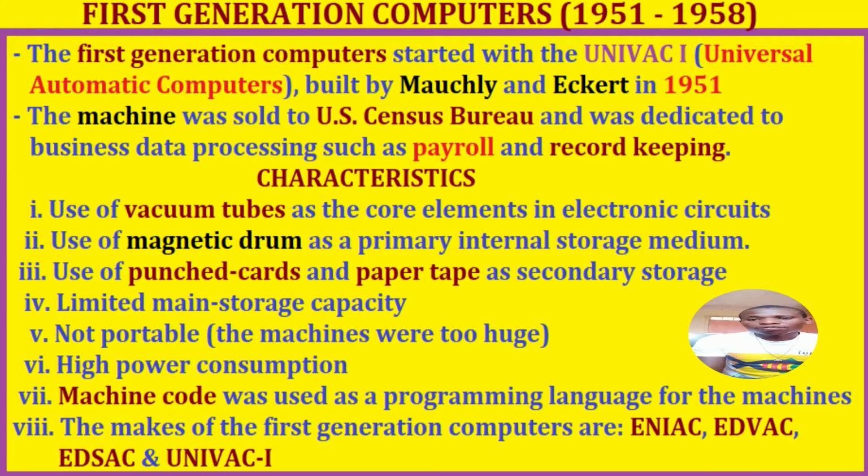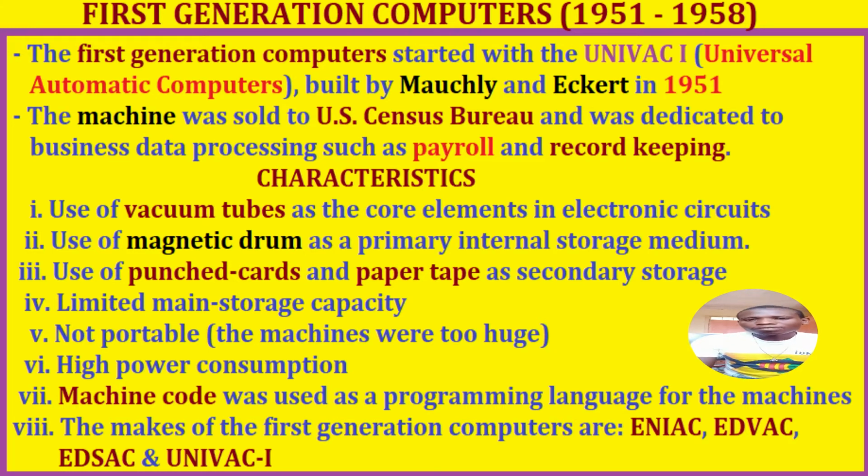The first generation of computers involved the use of vacuum tubes as the core elements in electronic circuits. Secondly, the first generation computers made use of a magnetic drum as a primary internal storage medium. Thirdly, first generation computers used punch cards and paper tape as secondary storage medium.